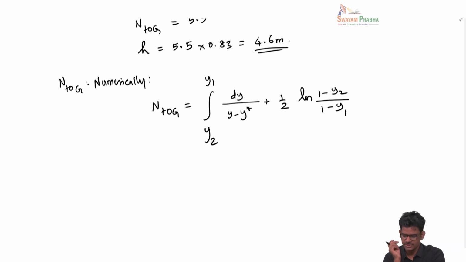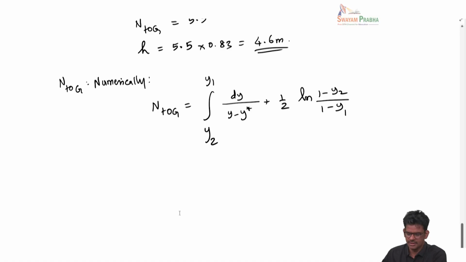Here the NTOG is given in terms of mole fractions, small y. You can look at your notes, where a range of NTOG expressions are given, sometimes in logarithmic scale, sometimes in linear scale, sometimes in mole fraction units, mole ratio units, and so on. For this problem, I have taken this particular form. In this expression, since we know y1 and y2, we can directly calculate the second term. Only the first term we have to calculate numerically.